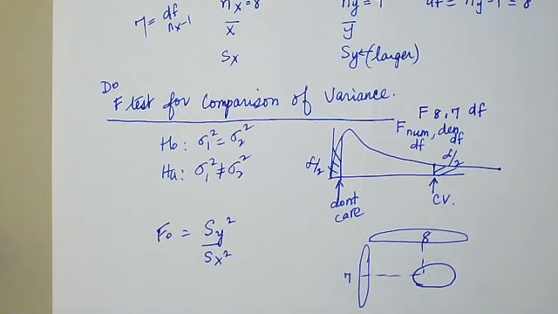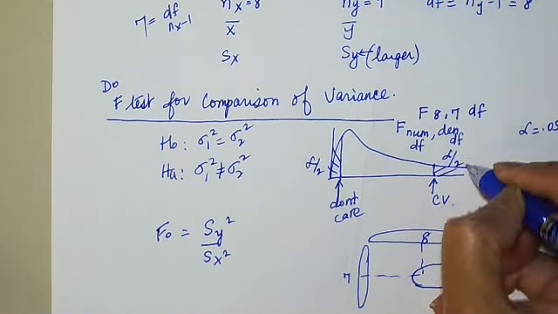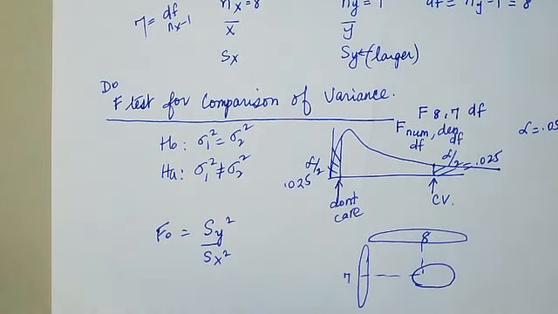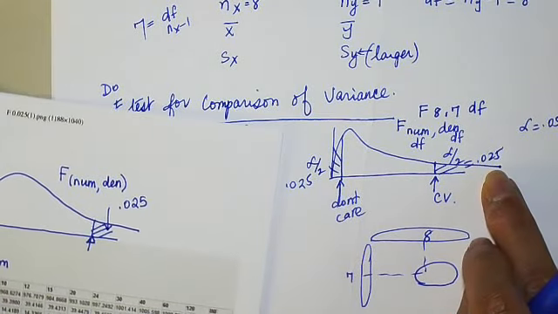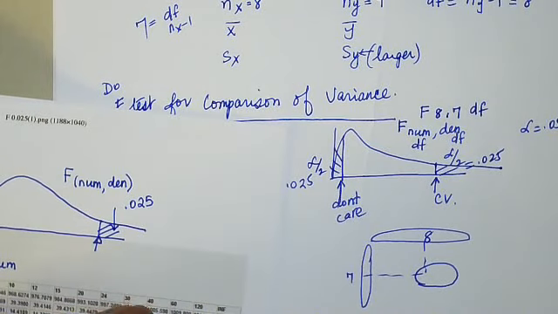Then this degrees of freedom would be 8, and this degrees of freedom would be 7. So I will do this test at F with 8, 7 degrees of freedom. That means when I go to my F table, I'm going to look up 8 here and 7 here and pick up the number.